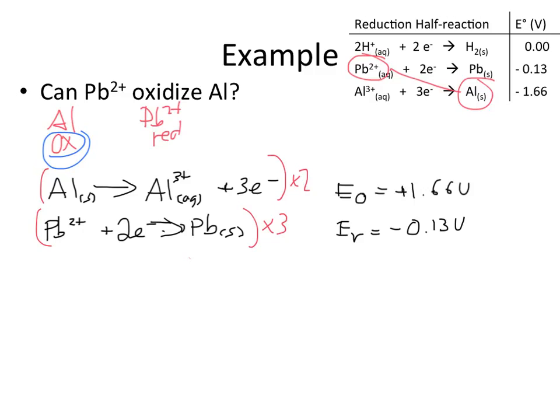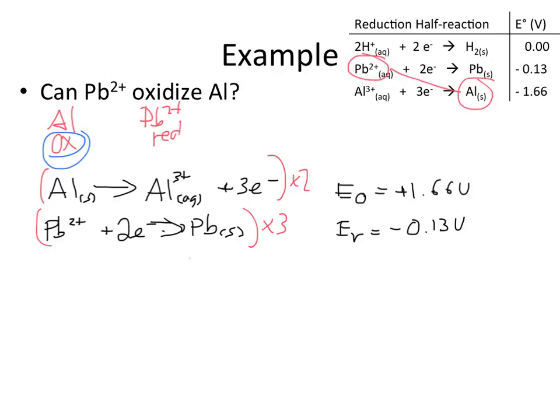There's a very important thing to note from this example: even though we are multiplying the number of electrons and consequently the number of atoms and ions, we never ever multiply the potential difference. Potential difference is an intrinsic factor, so it doesn't get multiplied by any kind of coefficients.